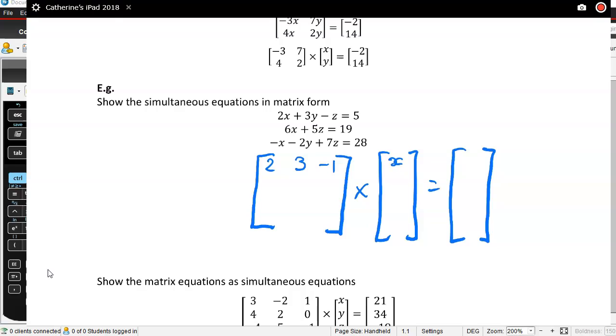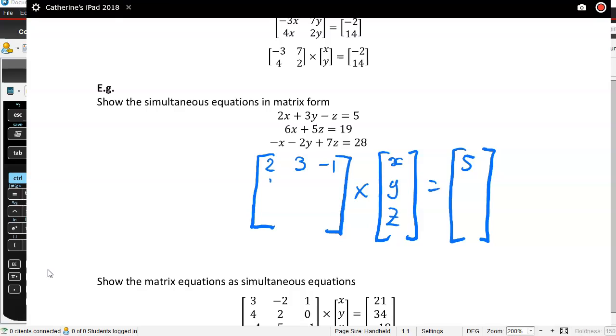So that's x, y, z. So you can see here, we're 2 times x plus 3 times y times by negative 1 times by z gives you 5.